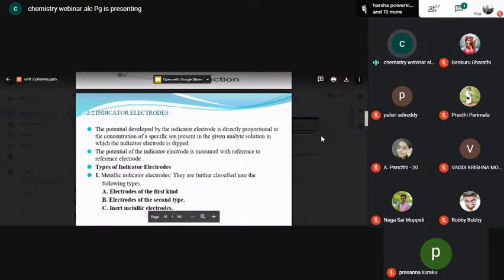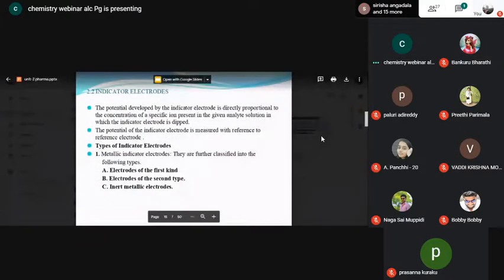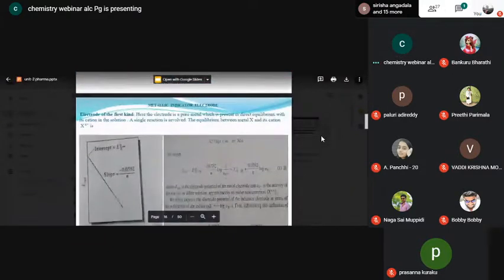If you want to find out the concentration of zinc ions, we have to use a zinc rod as the indicator electrode. So any metallic rod can function as an indicator electrode of the first type for its own cations present in the solution which we take in the beaker. Hope the point is clear to you.